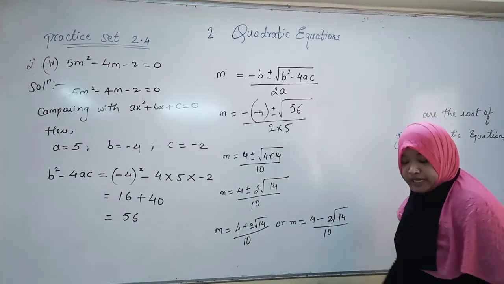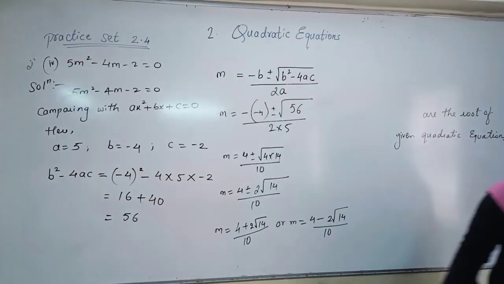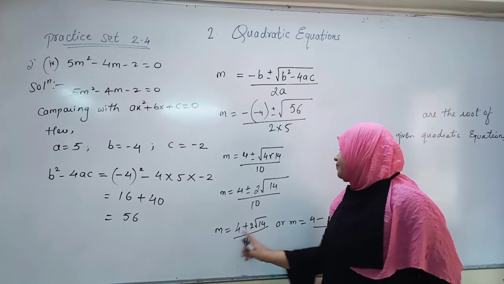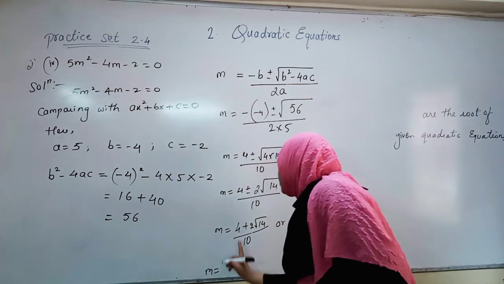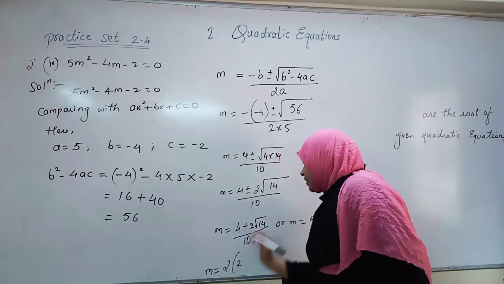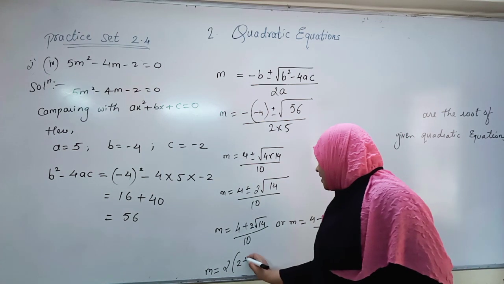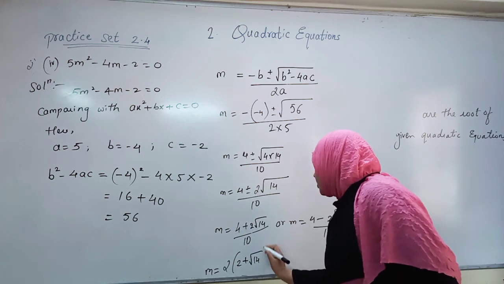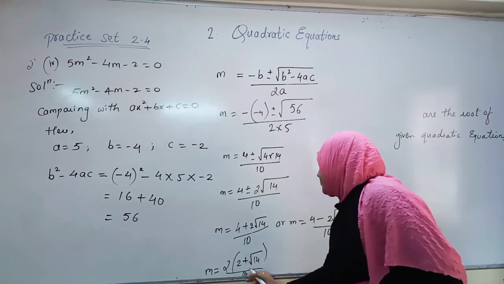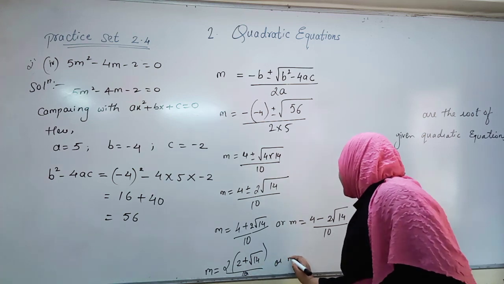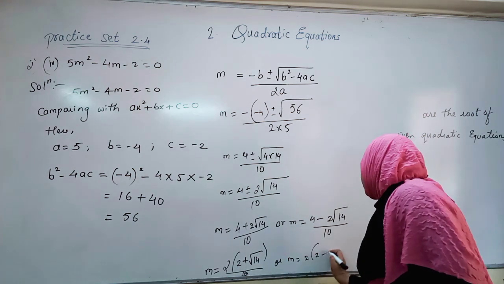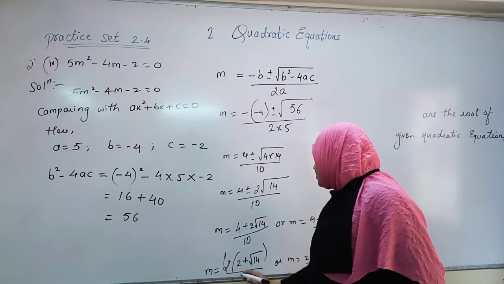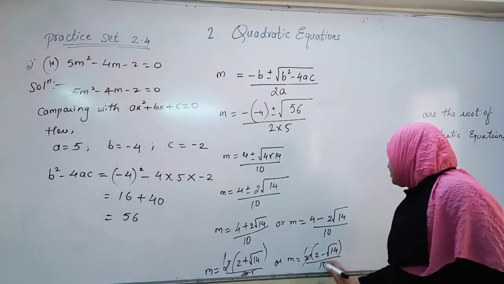upon 10. Okay student? Now what are we going to do? Now we will take the common factor from this, 2. So how are we going to write here? m is equal to 2, the common factor. What will remain inside? 2 plus, if we take 2 out, there is no 2 here, it is only root 14 upon 10. Or m is equal to the same thing, 2 bracket 2 minus root of 14 upon 10. Can we cancel? 2 1s are 2, 5s are 5.